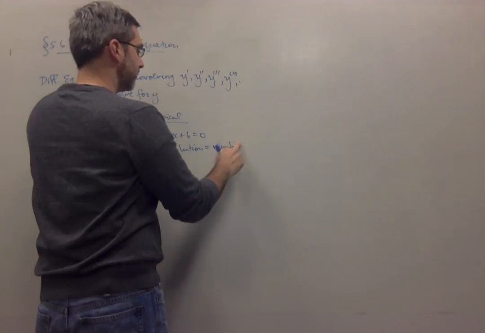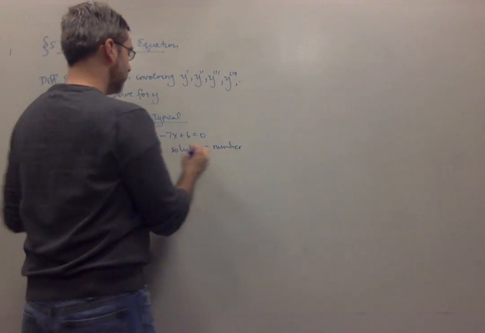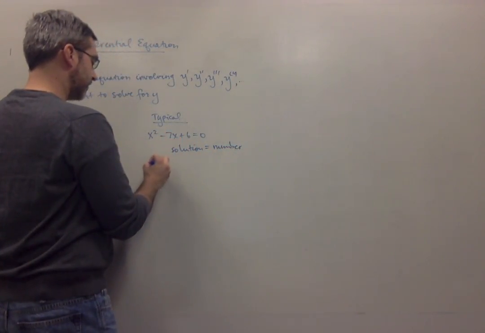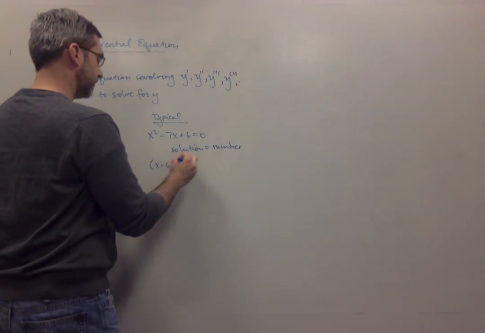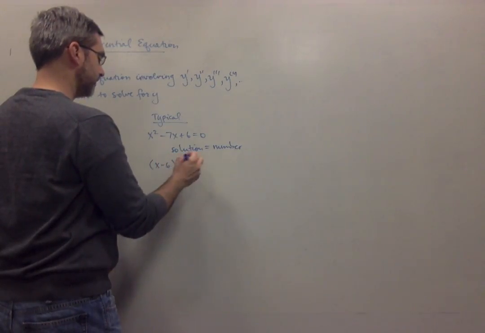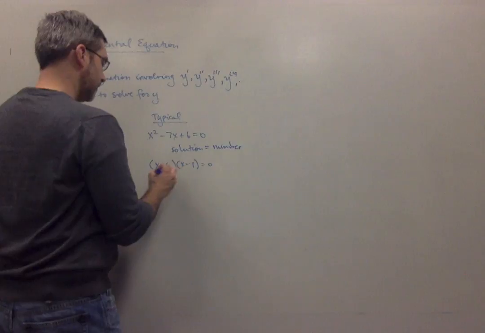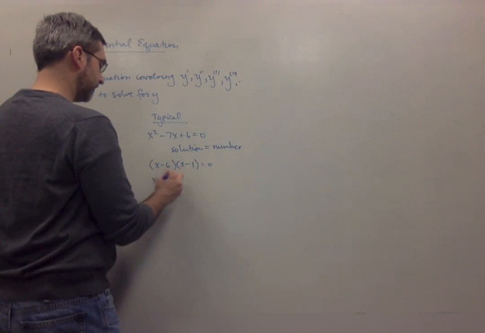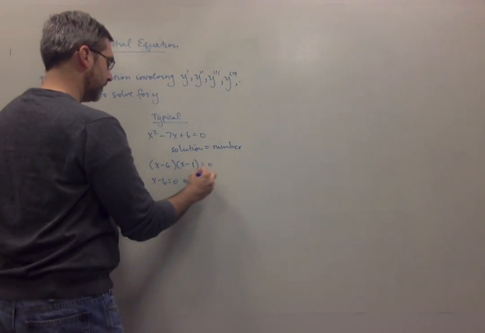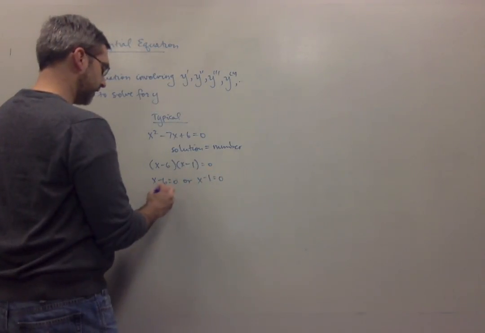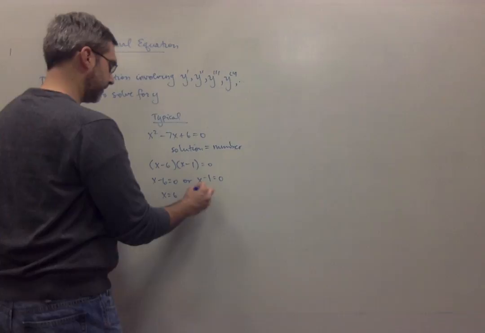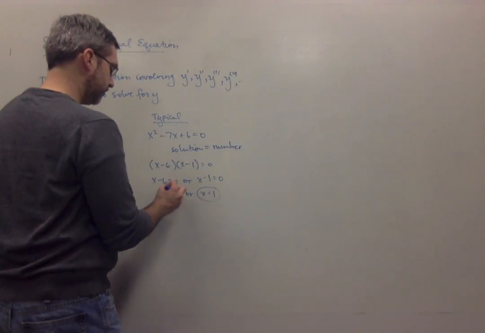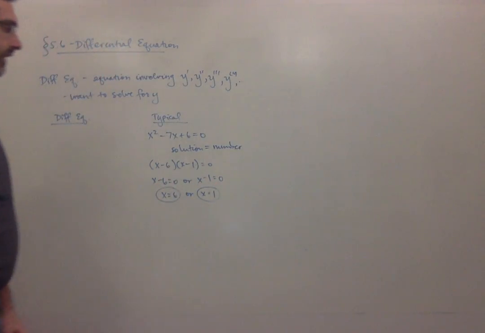If we were to solve this, I would factor and I would get x minus 6, x minus 1. And then since the product is 0, one of them is 0. So x minus 6 equals 0, or x minus 1 equals 0. So x equals 6, or x equals 1. So there's two numbers that end up being my solutions.